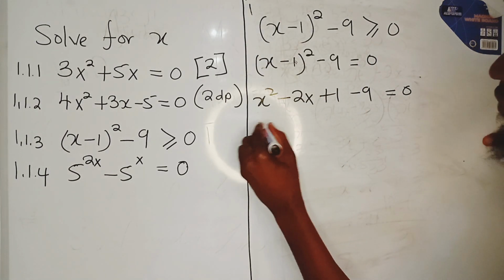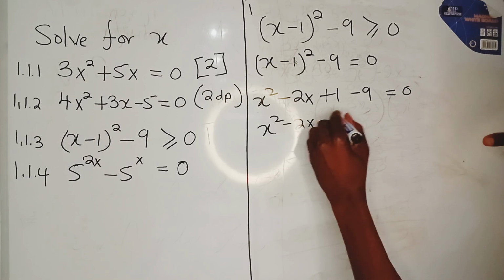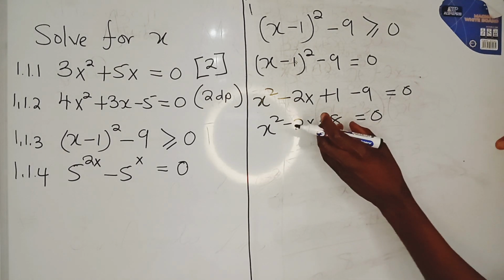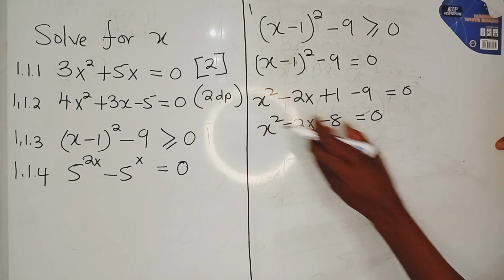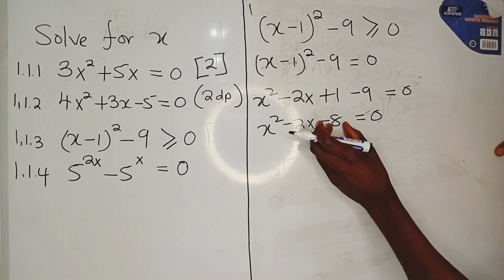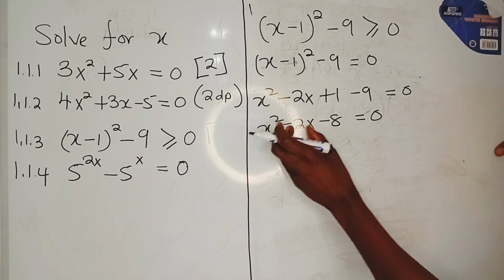So here we are going to have x squared minus 2x minus 8 is equal to 0. Then we find factors of minus 8 and minus 2, meaning numbers that if we multiply, we get minus 8, and if we add, we get minus 2.